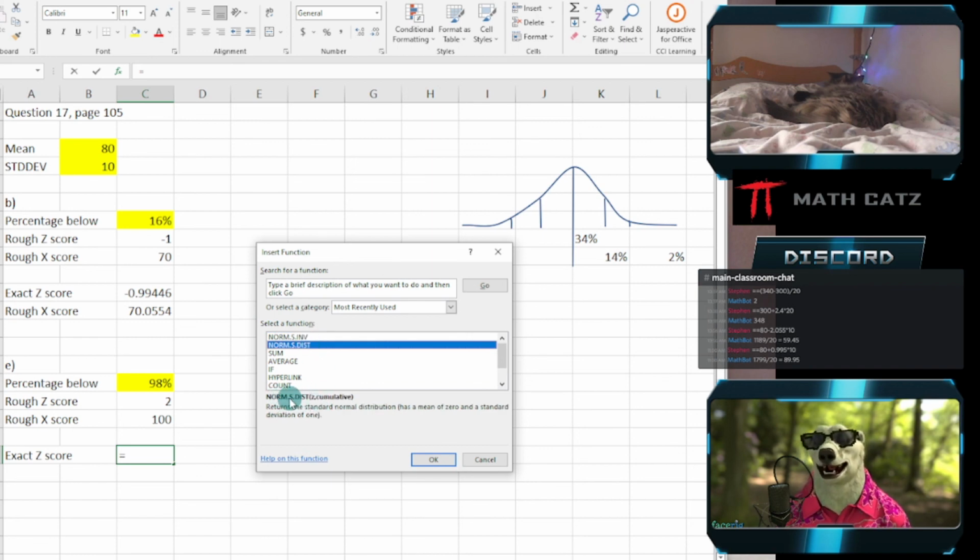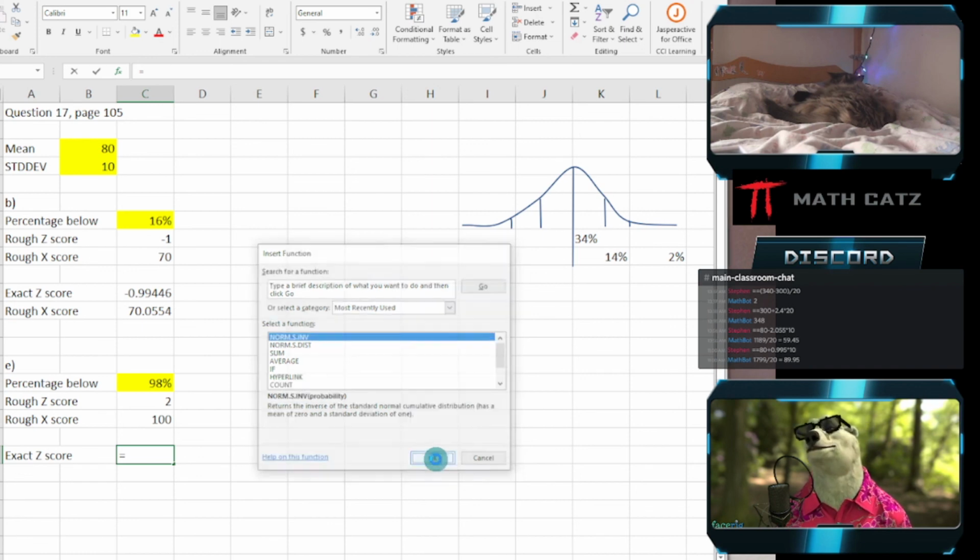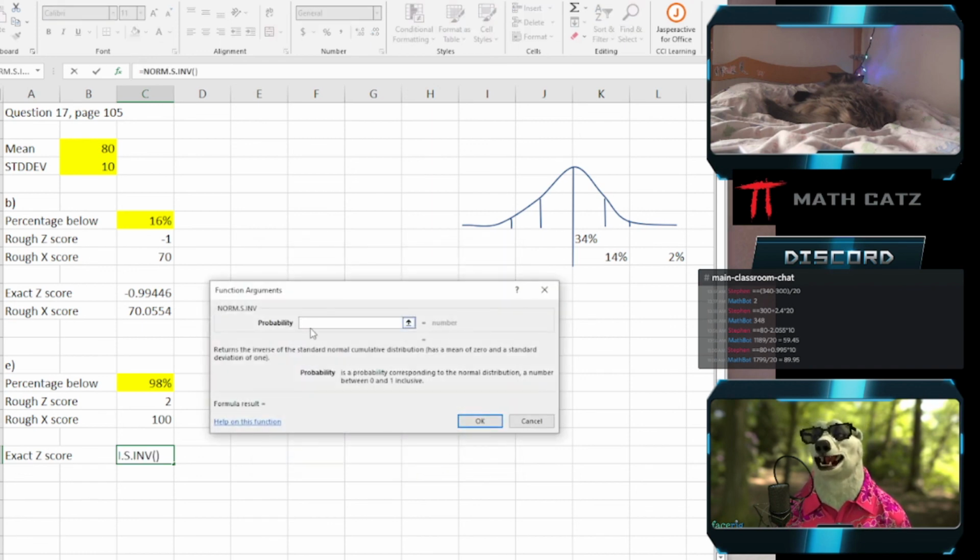The NORM.S.DIST function takes a z-score as input. That's not what I have. I have a probability as input, and it gives me back the z-score. Okay, that's what I want. And I can put in here 0.98. Or I can just reference that cell.